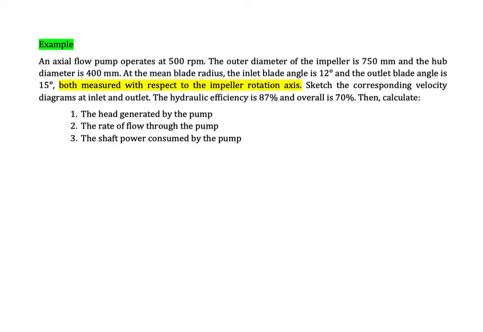The hydraulic efficiency is 87% and overall is 70%. Then calculate the head generated by the pump, the rate of flow through the pump, and the shaft power consumed by the pump. So in this question, we have the axial pump, and then we have a condition like this. So we have a hub here.